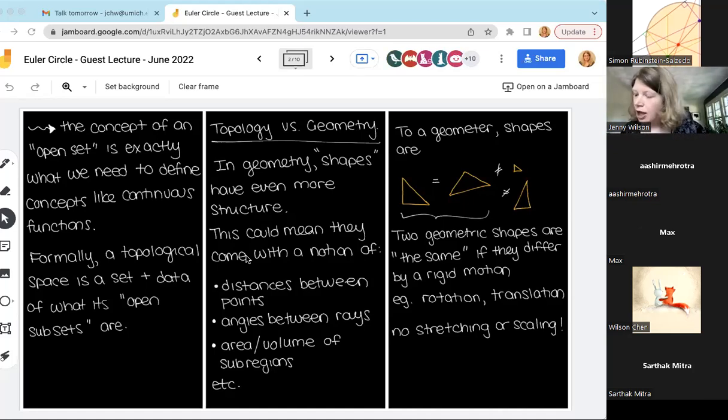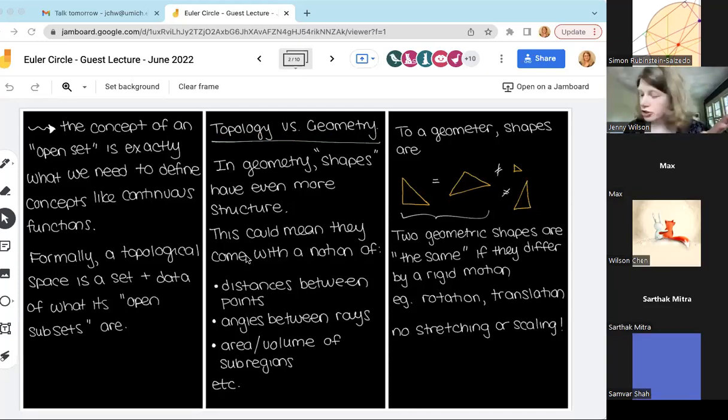All right. So I wanted to contrast these. This is the definition of a topology on a set. This is what I study, topology. This is distinct from the field of geometry, which I think you could also refer to as the study of shapes. But in geometry, shapes are much more rigid objects.